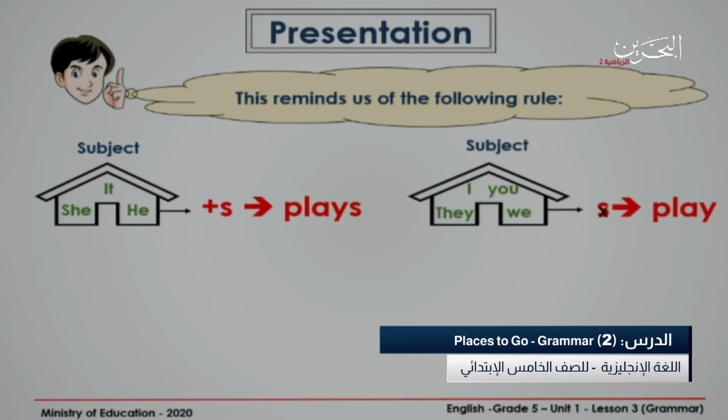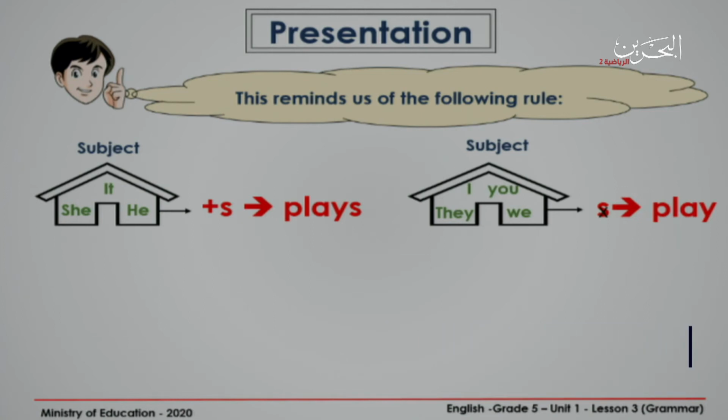Let's look at the second family. This family has 4 pronouns. They are I, you, they, and we. In this family, you don't add anything to the verb. It stays the same. So you say I play, they play, we play. Here you say she plays, or he plays.